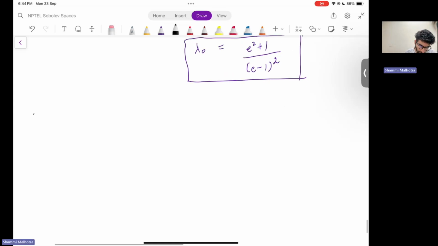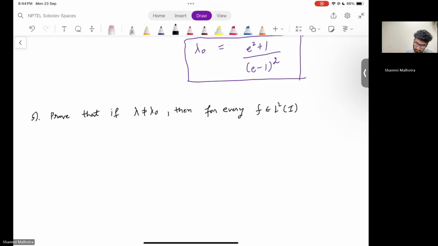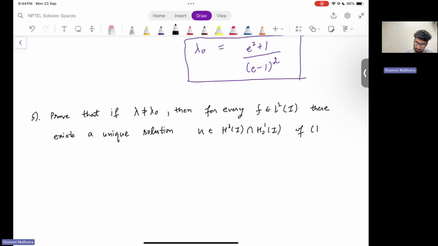So the final part of this question: prove that if lambda is not equal to lambda naught, then for every f belonging to L2(I), there exists a unique solution u belonging to H2(I) intersection H0^1(I).